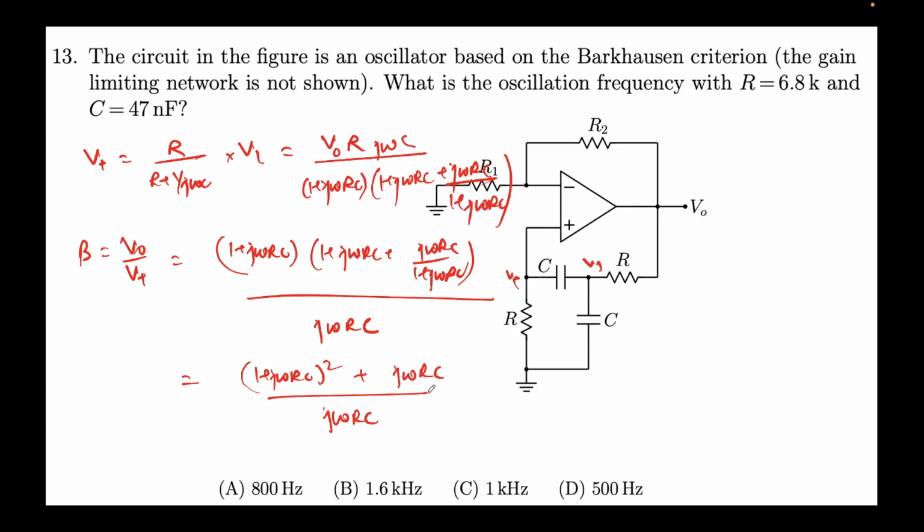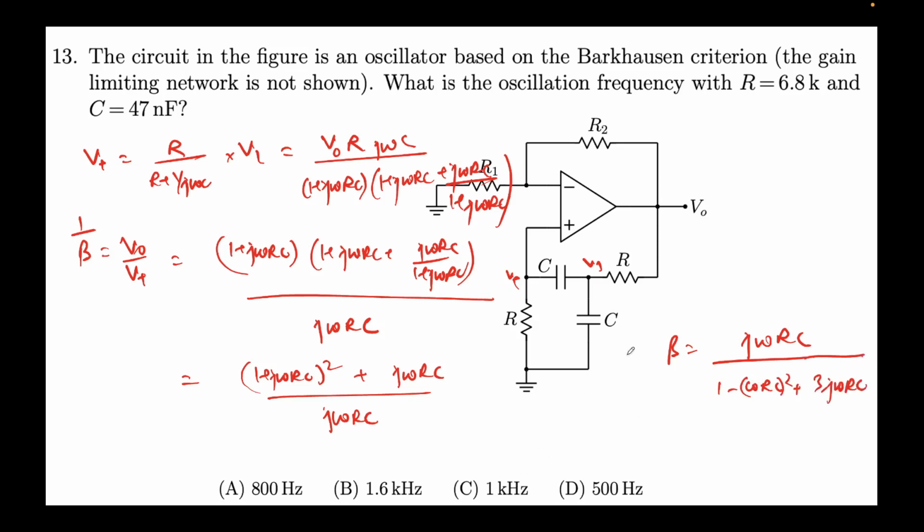All right, so if we solve it, sorry, beta is the inverse of this, so this is 1 upon beta actually, so this will give me beta equal to j omega RC divided by, so I am now opening this, so this will be 1 minus omega RC whole squared, since j squared is minus 1, plus 3 j omega RC.